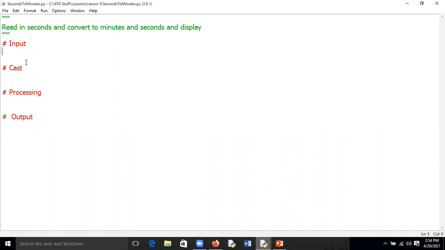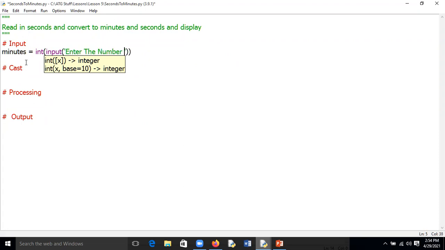Let's look at it. So firstly, I'm going to read in seconds as an int. Check it out, open close bracket, come inside, input open close, go back inside, single single, go back inside and enter the number of seconds.